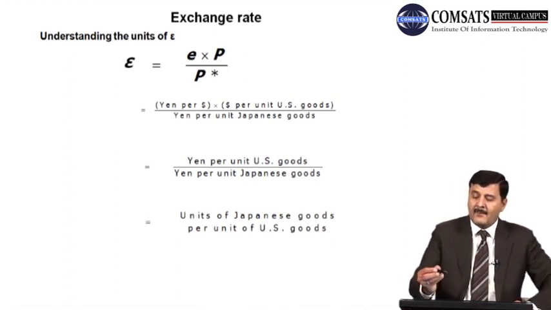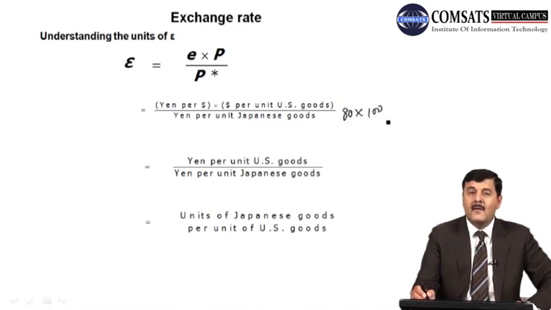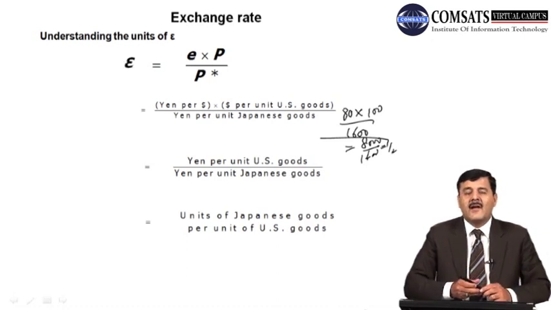As we said, the exchange rate is 80 multiplied by the price of that product in US, 100, over the price of that product in Japan, 1600, so this is 8000 over 1600, so 1 over 2 is the exchange rate.